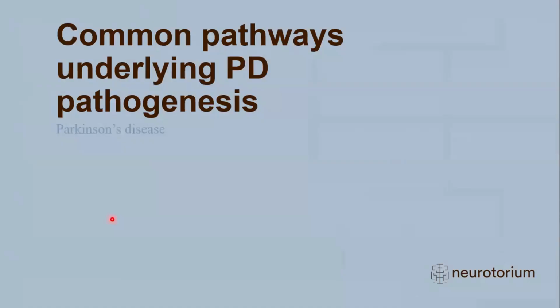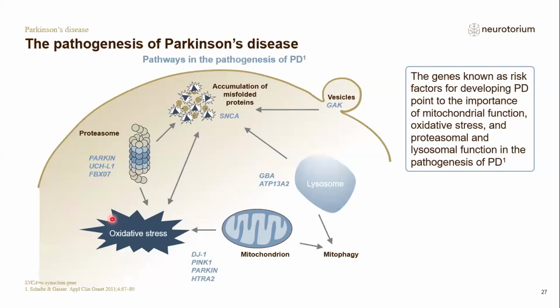The common pathways underlying Parkinson's pathogenesis: we always have a proteasome, and we have these genes that I've already talked about. Most of them are autosomal recessive, and they contribute to the accumulation of misfolded proteins, bearing in mind that you have a mutation probably here, okay?